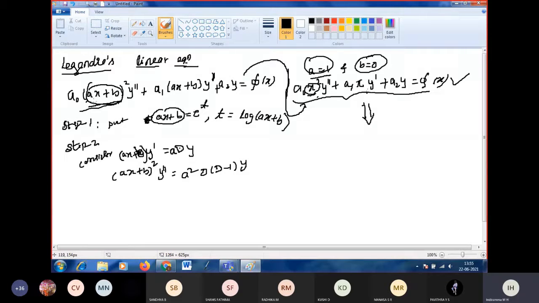Now our Cauchy's, not, Legendre's, right? We are discussing Legendre's.